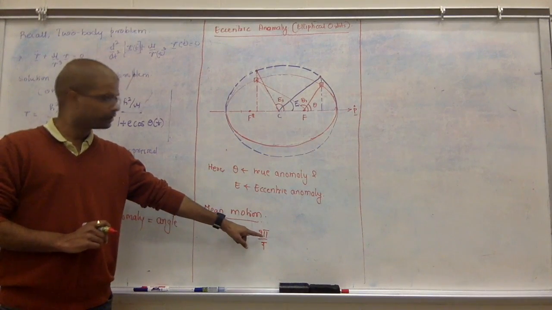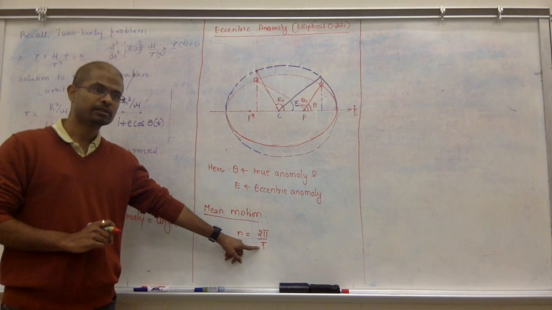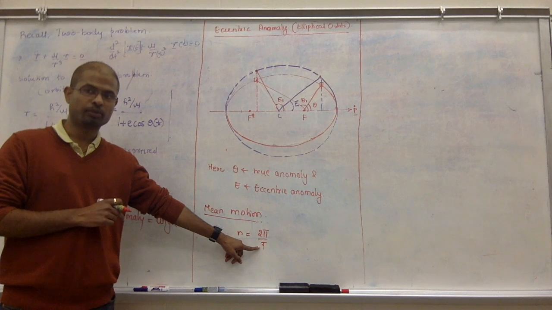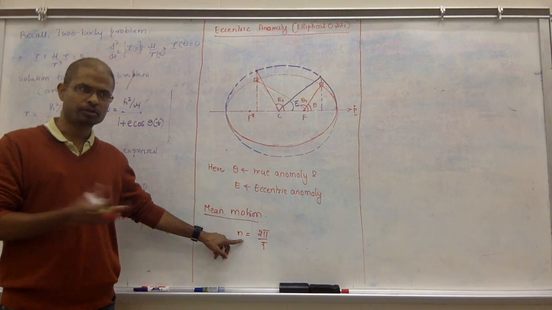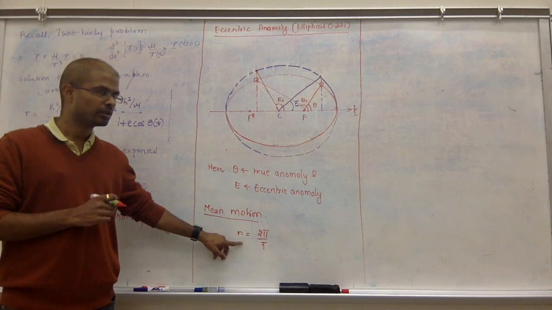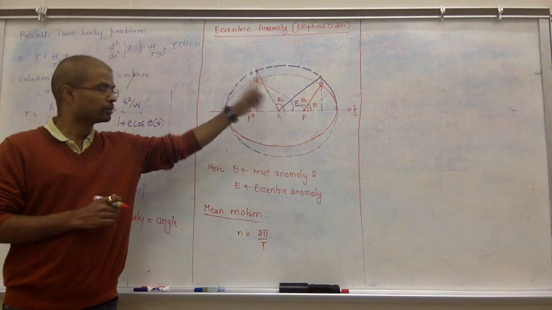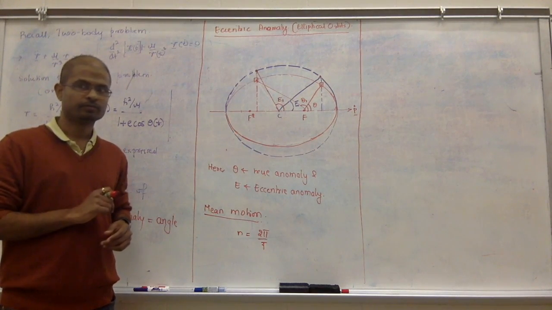2 pi is the angle, and T is the orbital period. So what would n be in terms of just mathematics? 2 pi is the angle, it's just one complete circle. So n is in radians per second.